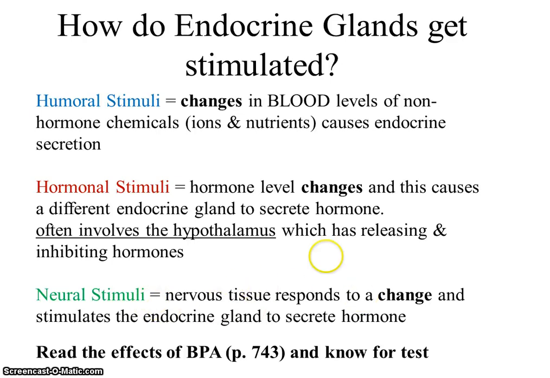So nervous tissue responds to a change and stimulates the endocrine gland to secrete hormone. That's it. So the sympathetic division of the autonomic nervous system gets activated, and it then tells the adrenal medulla electrically to start making epinephrine. All right?